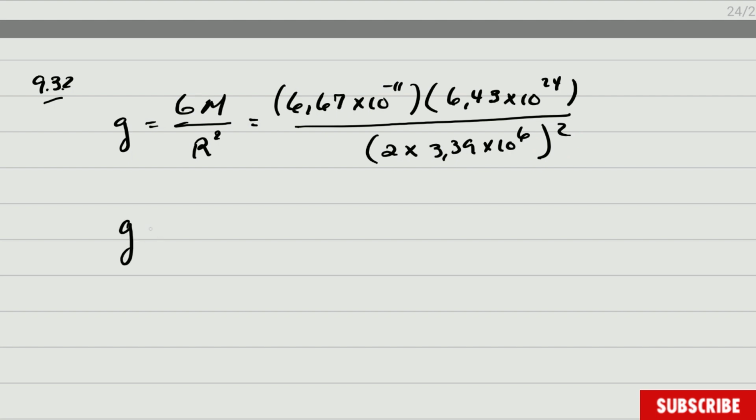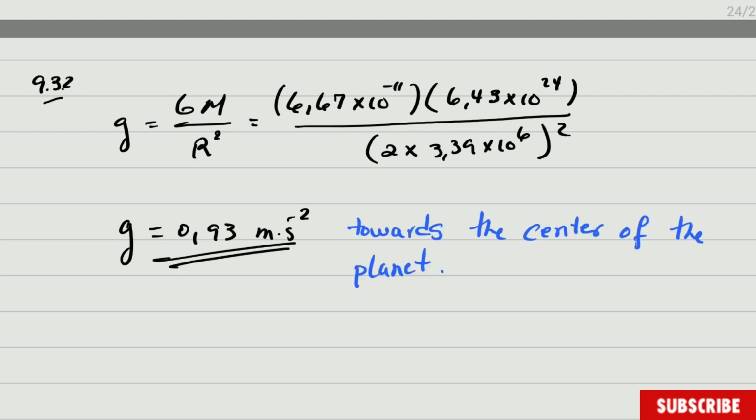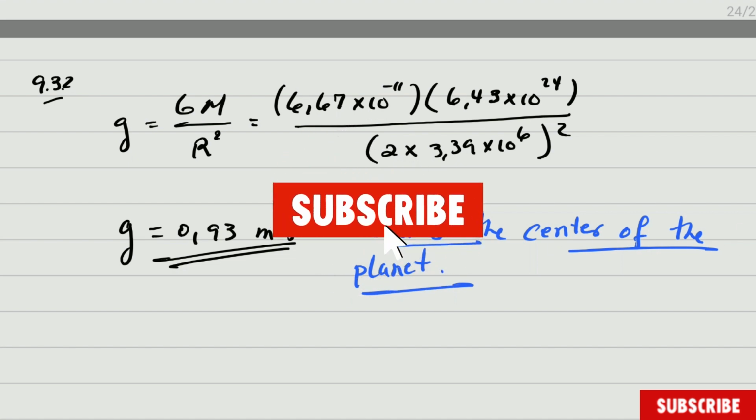Guys, and the acceleration due to gravity on the planet is going to be equal to 0,93 meters per second squared. Now they asked to calculate acceleration, and acceleration has a direction, the same as the acceleration due to gravity on the Earth, it is going to be towards the center of the planet, in this case Mars.